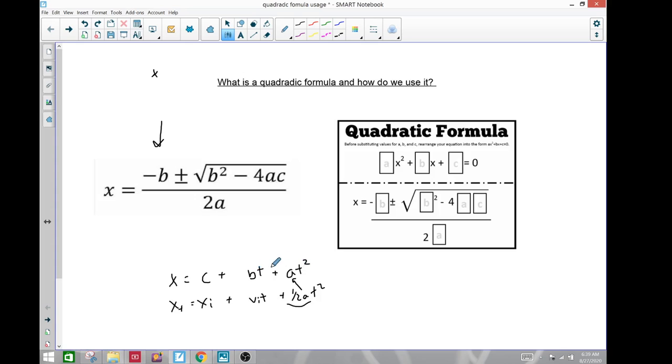Because there are two solutions, since it is squared and has a single term, we would have to have both of them.